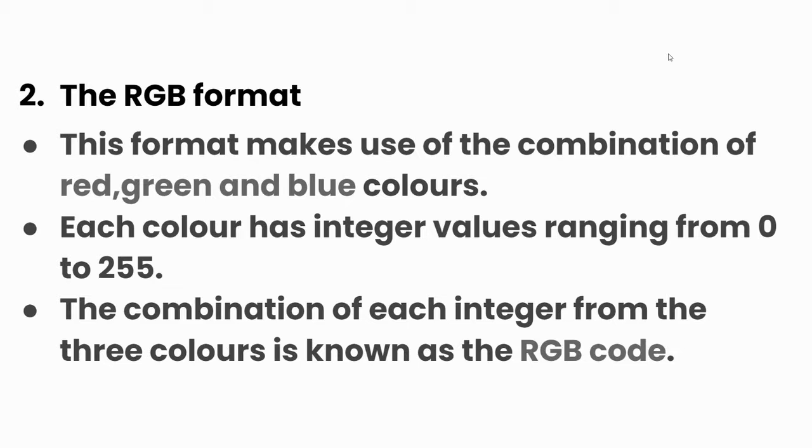So you can imagine that you would have a combination of integer values ranging from 0 to 255 for each of these colors. For instance, let's take red as an example. From 0 to 255, let's just get half of 255.